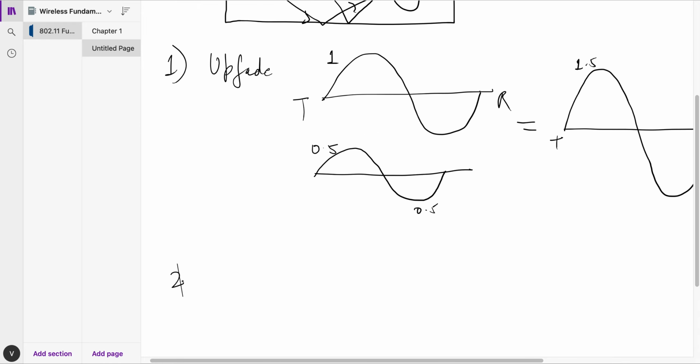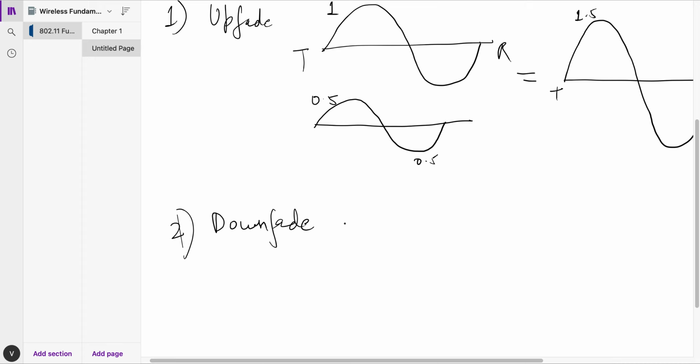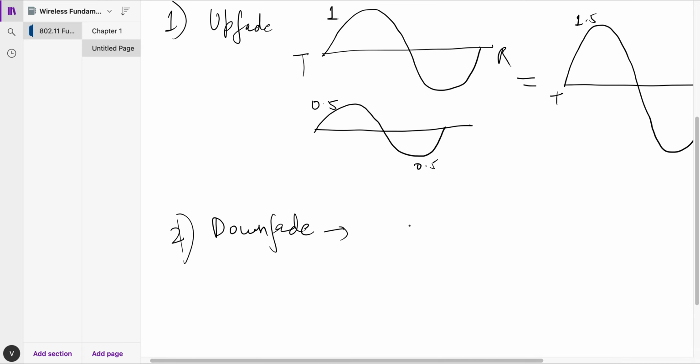Second behavior is called downfade, which means it has a negative impact on the amplitude. The resultant wave has lower amplitude than the first wave. So let's say this is the transmitter, this is the receiver. This has the amplitude 1.